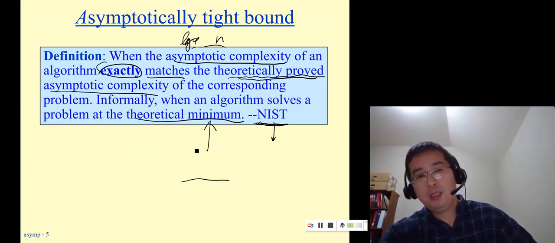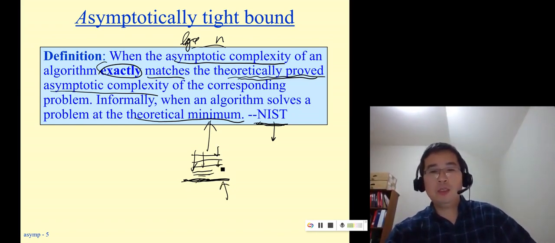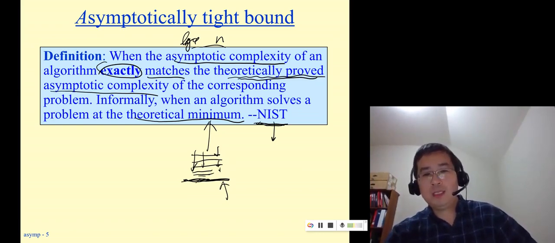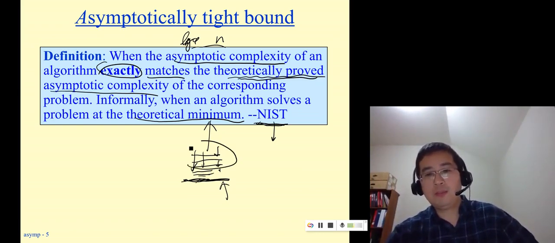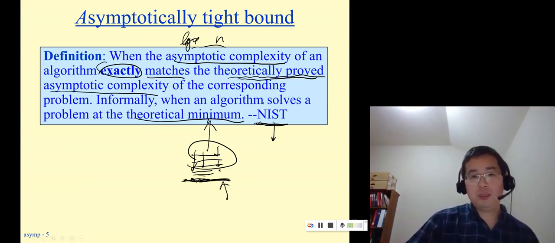Theoretical minimum means you may give different bounds for this complexity when you do theoretical analysis, but this one is in fact the lowest bound you can find to represent the complexity of the algorithm. You may have multiple candidate tight bounds, but some are not really tight. The smallest, minimum one is the one we should assign to this algorithm.